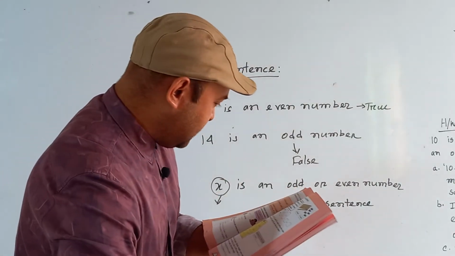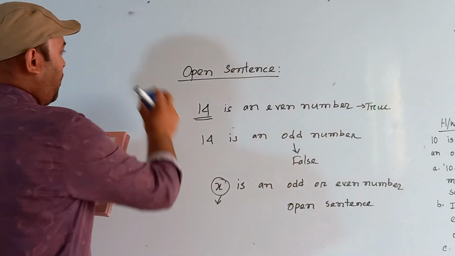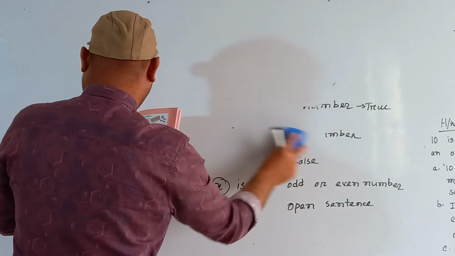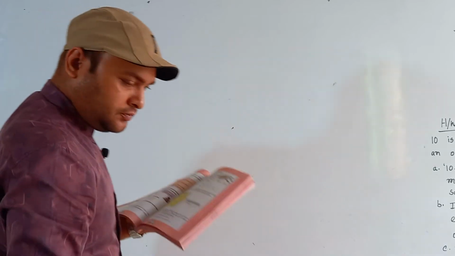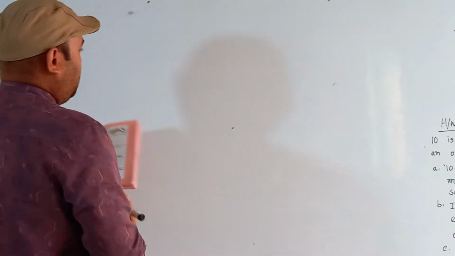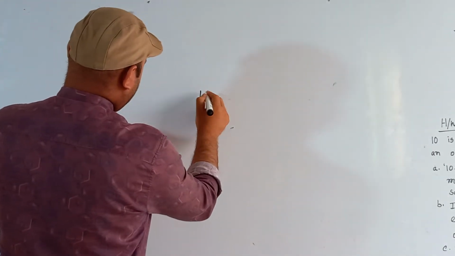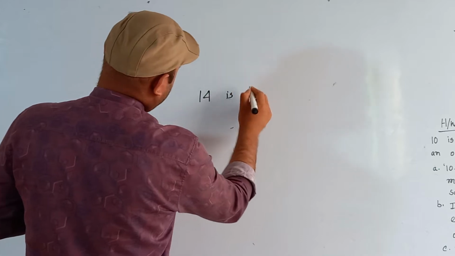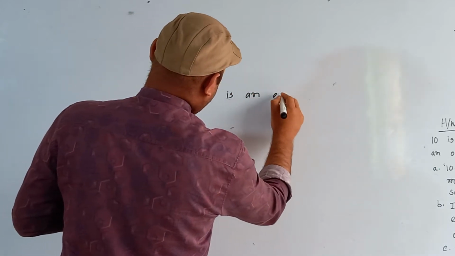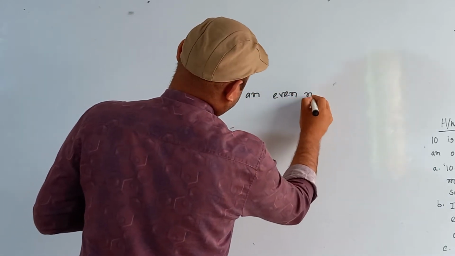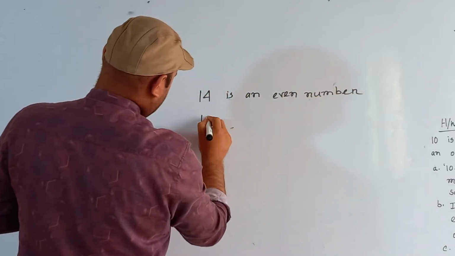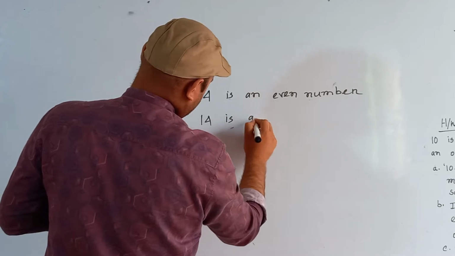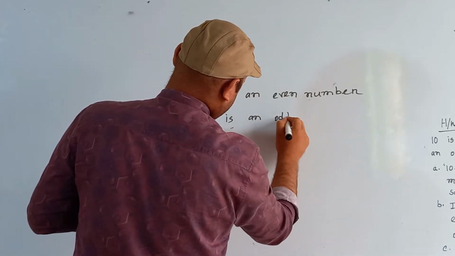Then here is mathematical statement or closed sentence. Look here, last time I wrote here 14 is an even number and 14 is an odd number.